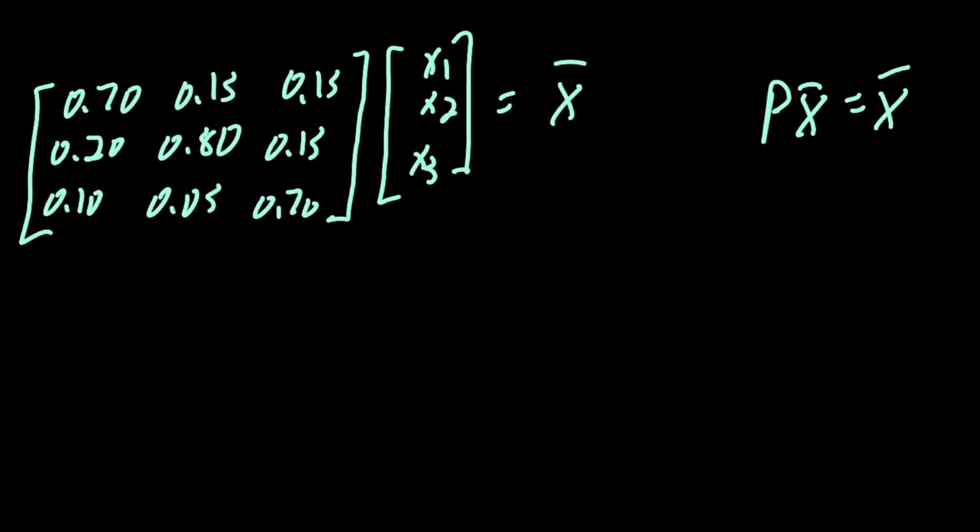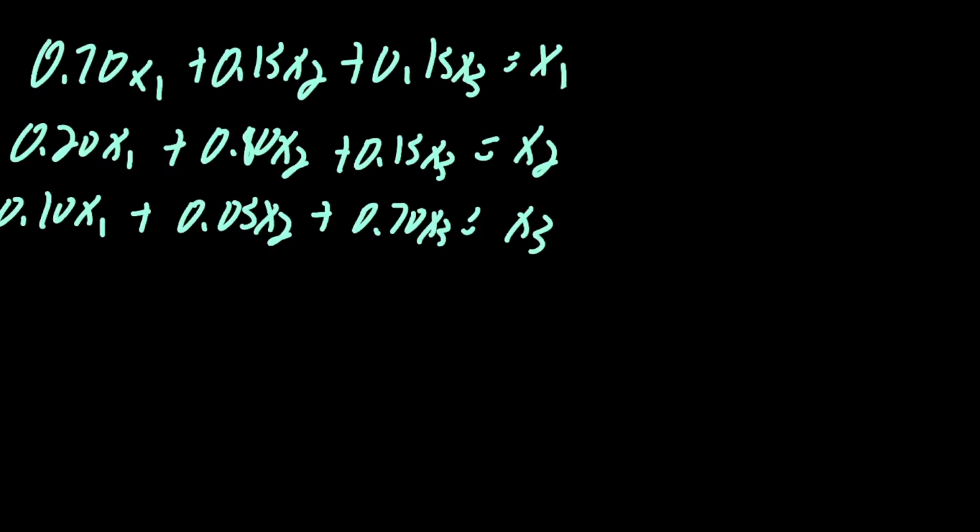Because this system is already set up as an augmented matrix, what if we convert it back into a linear system of equations? Let's do that. Okay, so this is what it looks like when we convert a system from an augmented matrix to a linear system of equations. But there's one more equation that we're not including here.